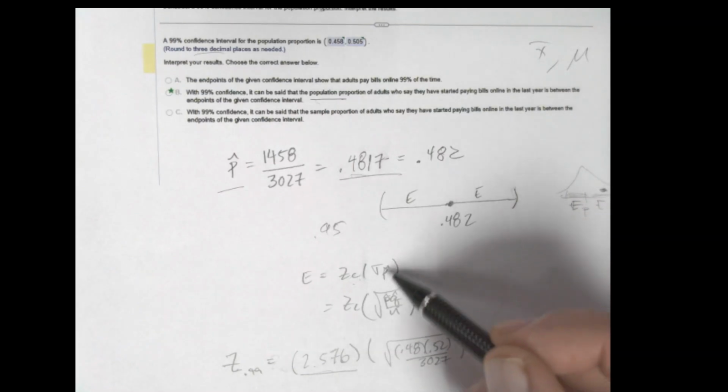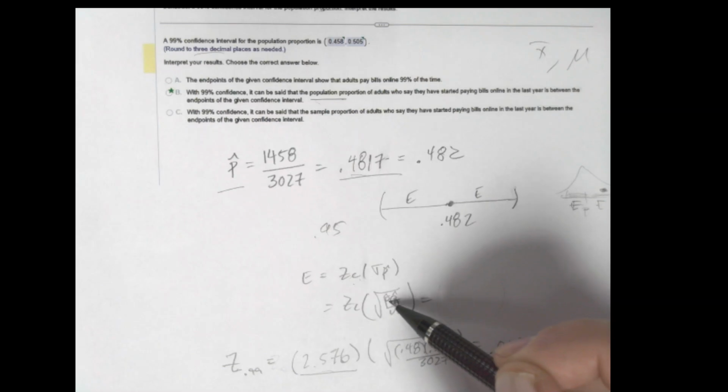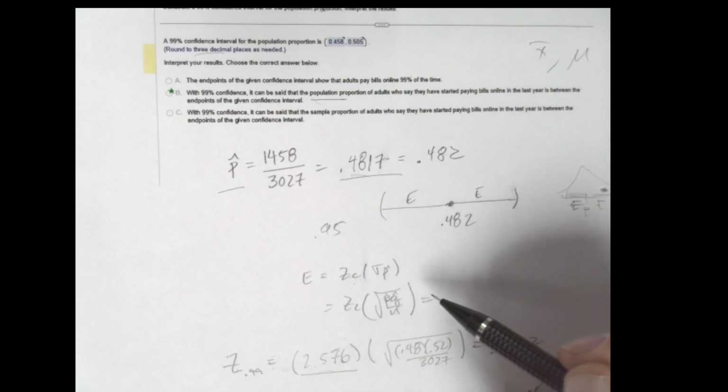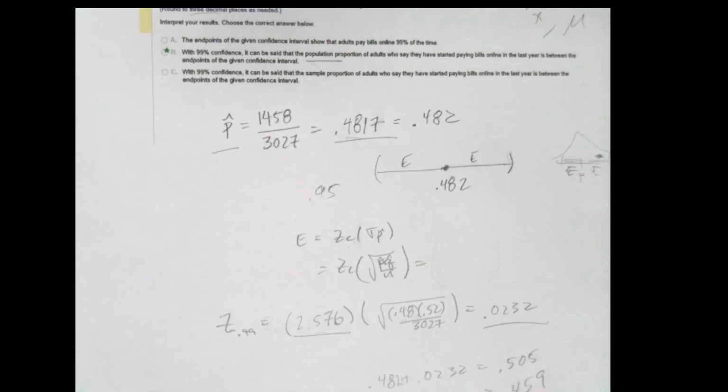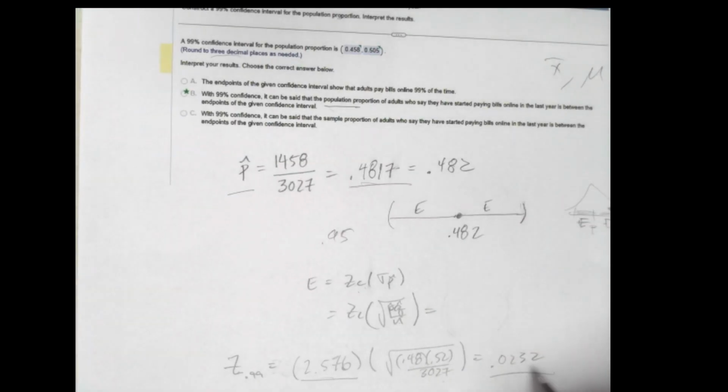Well, what's the standard deviation? It's the square root of p hat q hat over n. That's the formula. So if you put in 0.48 times 0.52 divided by n, you get this, and then this is the margin of error.